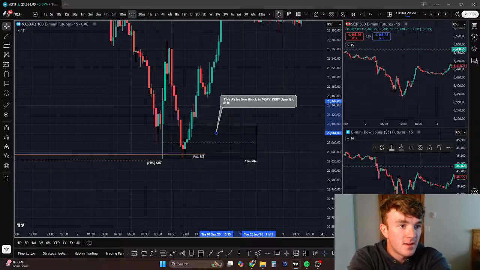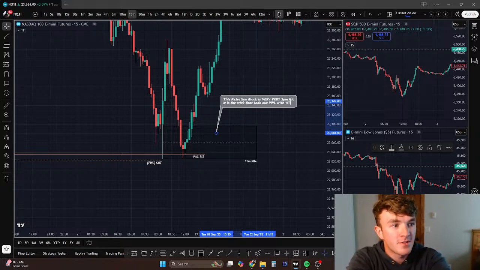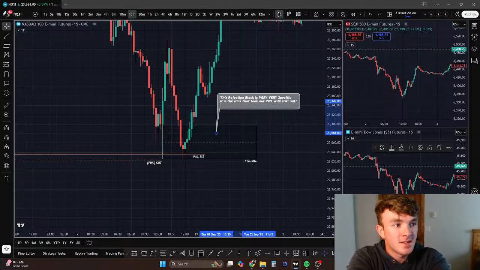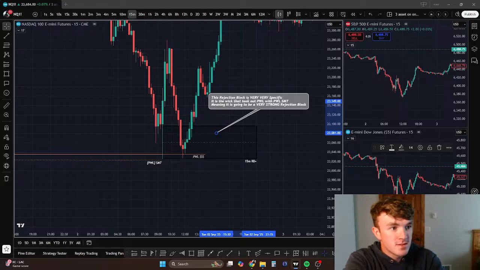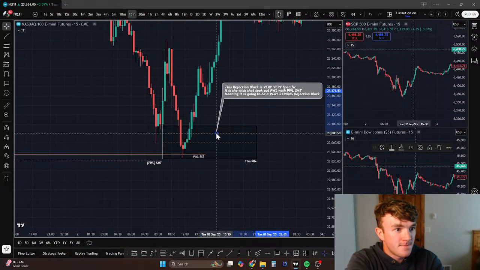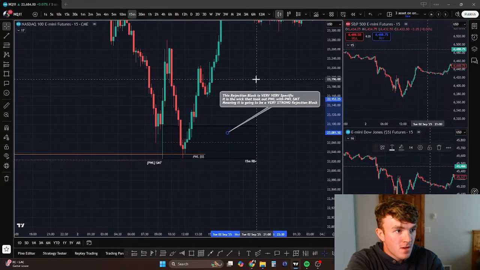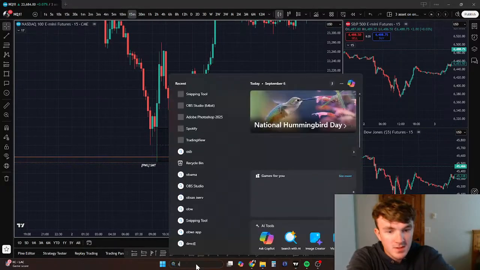It is the wick that took out previous week's low with previous week's low SMT, meaning it is going to be a very strong rejection block, right? Let's go ahead and screenshot that.